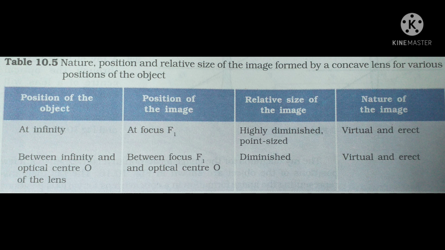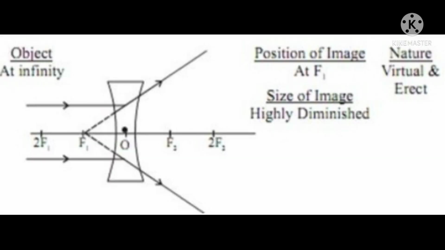For this you just look at the ray diagram. In this ray diagram just look here, this is the concave lens. If you keep the object at infinity, तिमीले concave मा infinity मा object राख्दा we will get the image at focus, at this point we will get the image f1, and the size of the image is point size. This is the first possibility.